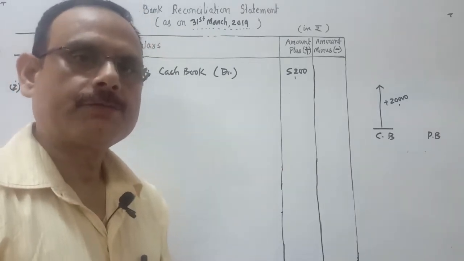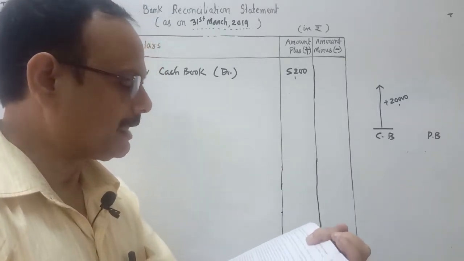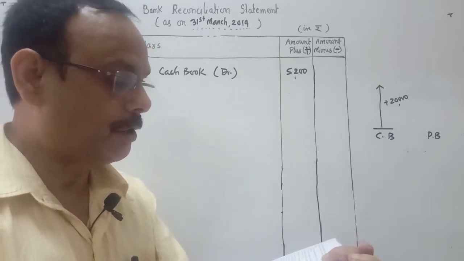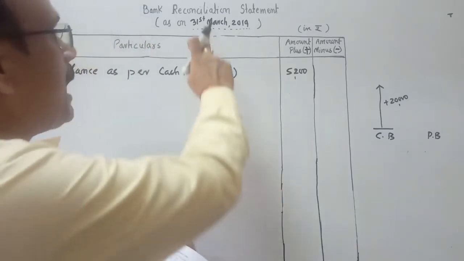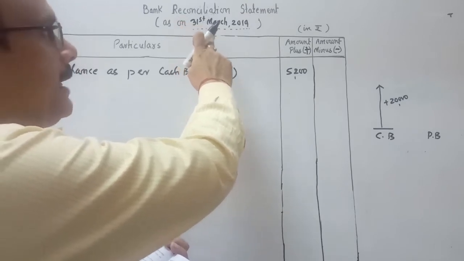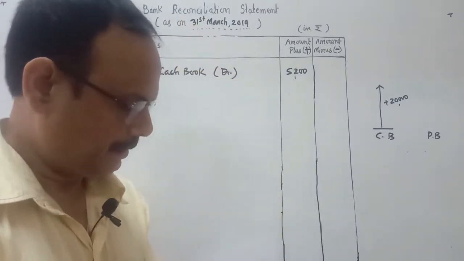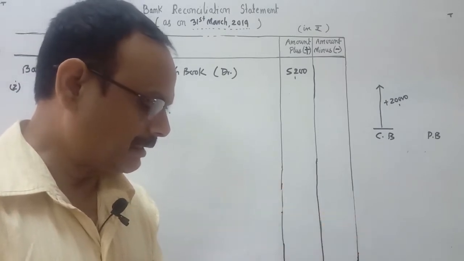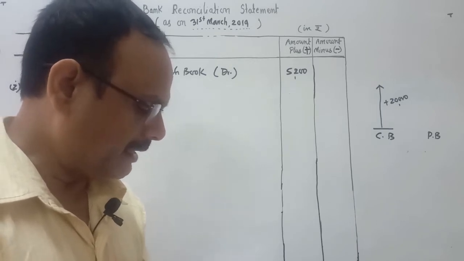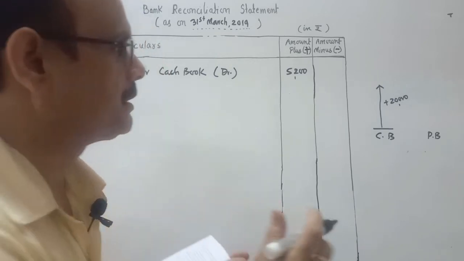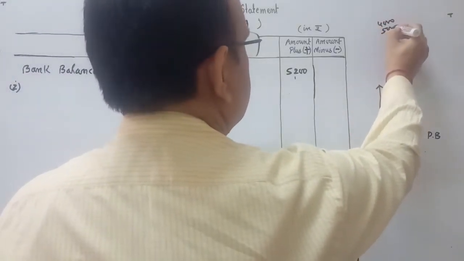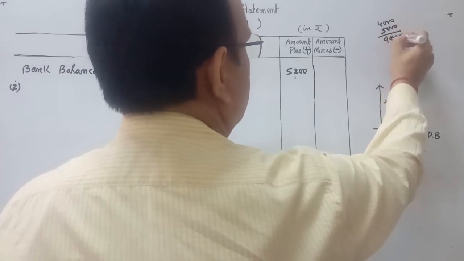Out of this, checks of 4,000 and 5,000 are credited on 5th April and 6th April respectively, which is after this date. So these two checks, 4,000 and 5,000, are not credited up to 31st March.